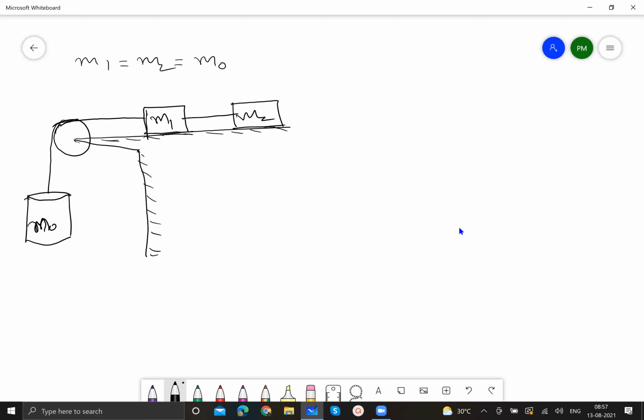Next, the tensions in the threads binding the blocks M1 and M2.